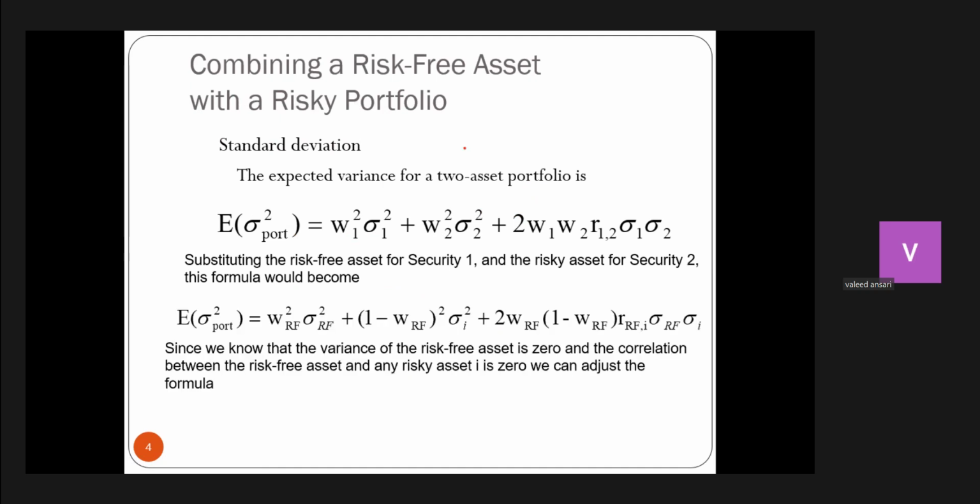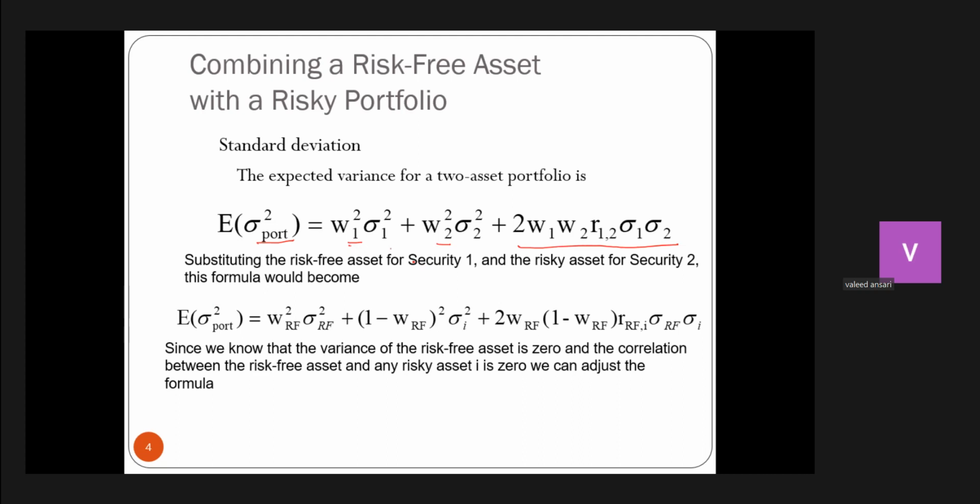Now this is the formula. You are familiar with this formula? This is the amount of money invested in security one, the asset one, and this is the formula which we developed in the last lecture.